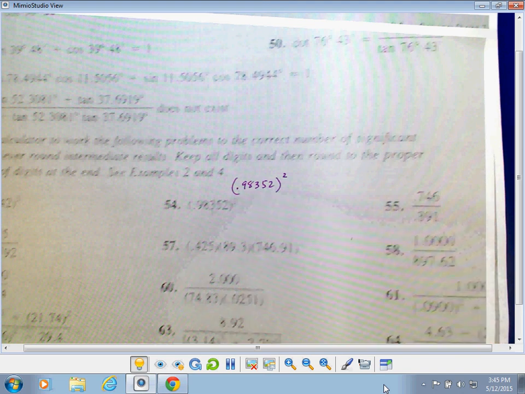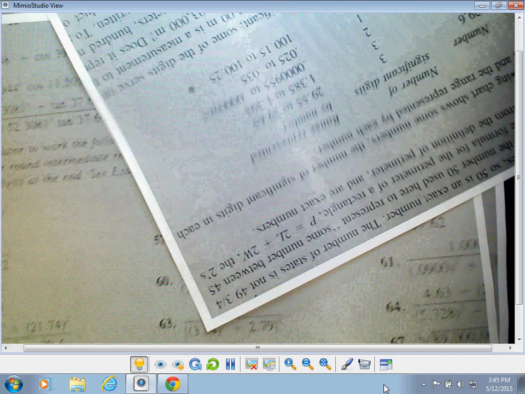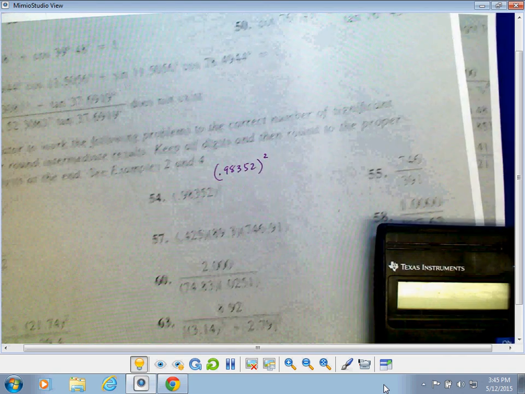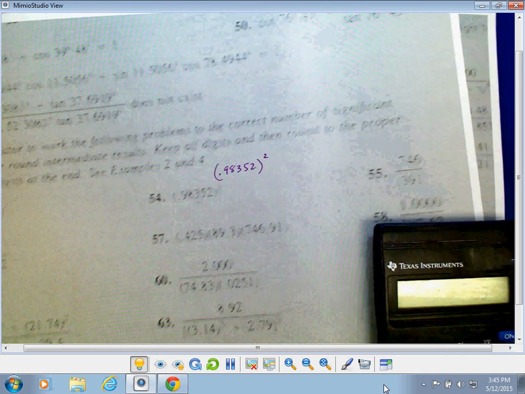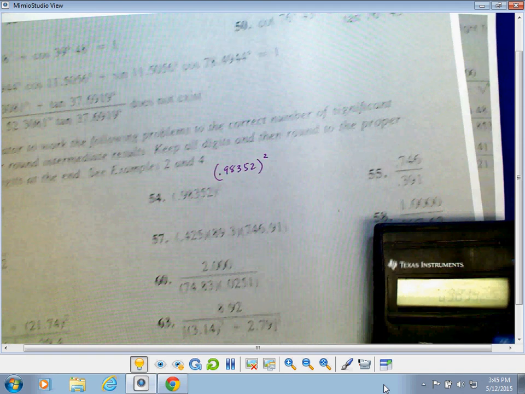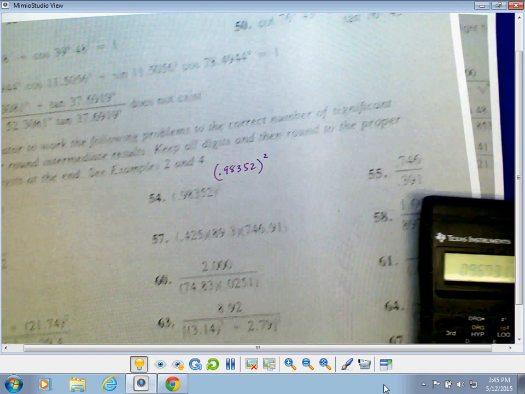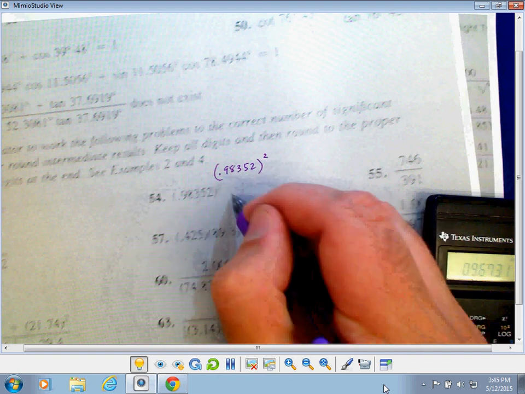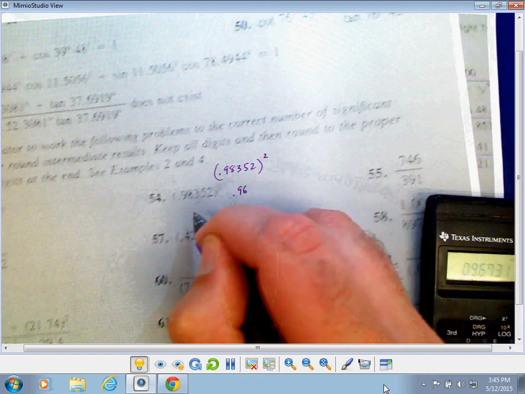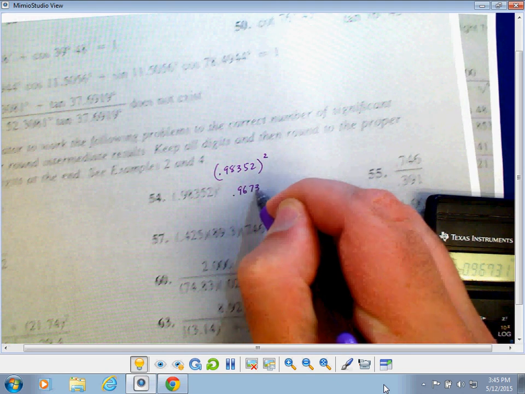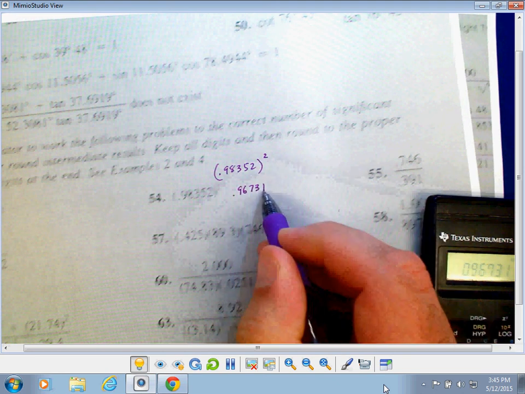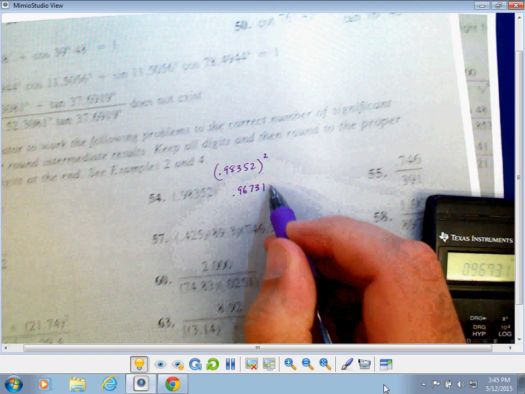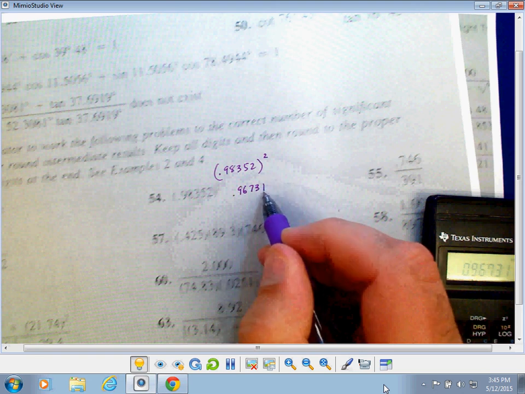If you type 0.98352 on your calculator and you square it, when you write out the first five significant digits, you get 0.96731, and you round this last one. There's another 1 after it on the calculator, so I would just round it back to that 1, and that's your answer.